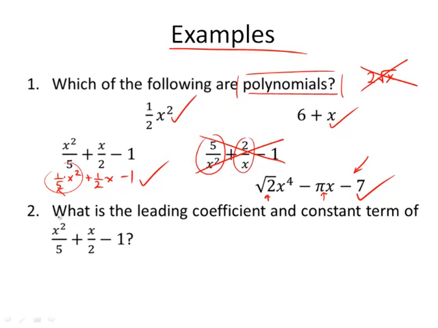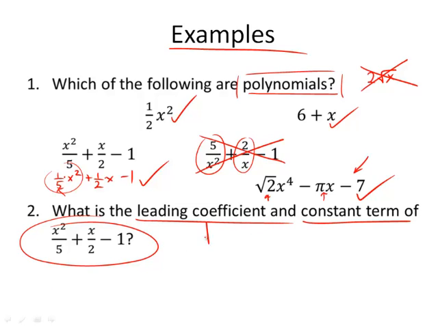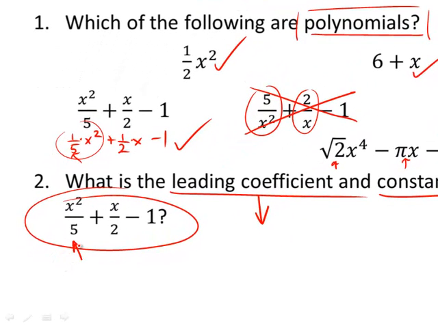Let's take a look at this polynomial in particular. What is the leading coefficient and the constant term? Well, the leading coefficient is the coefficient of the leading term. And what is the leading term? The leading term is the one with the highest degree, which in this case is the first term.